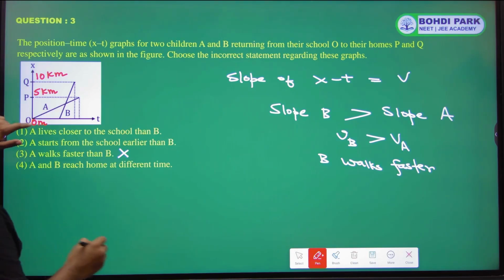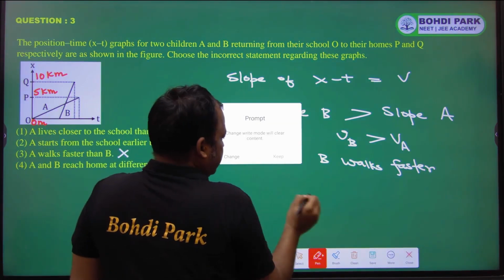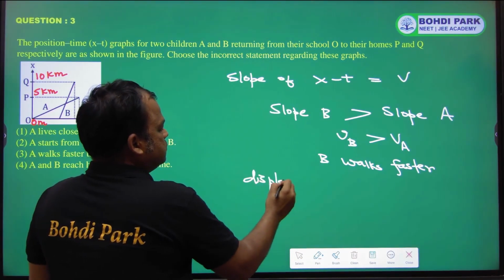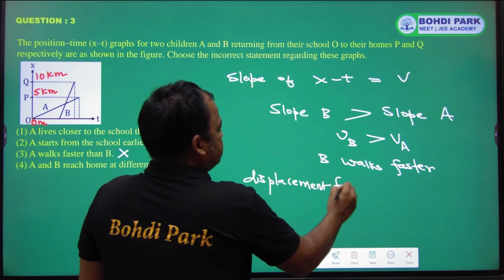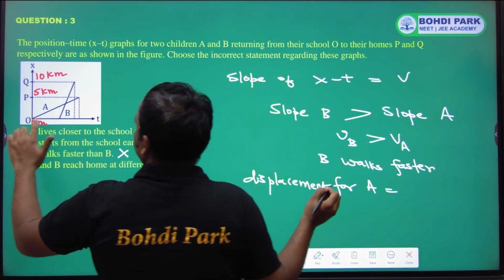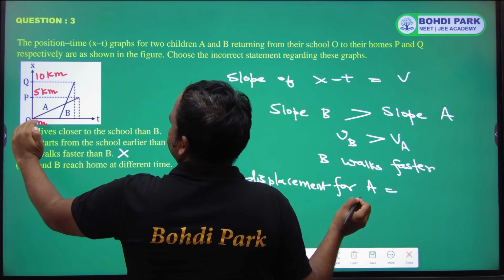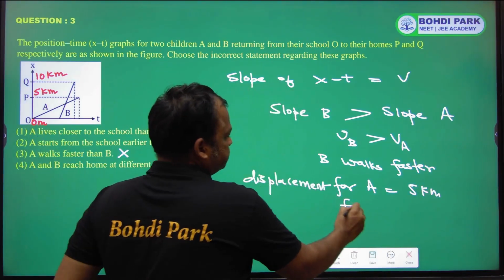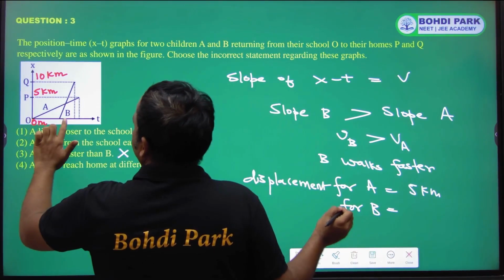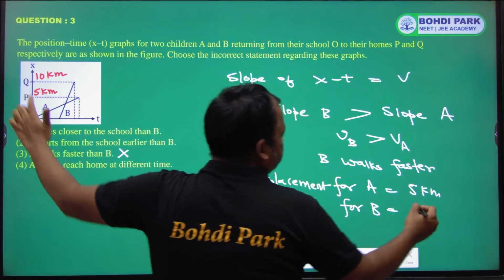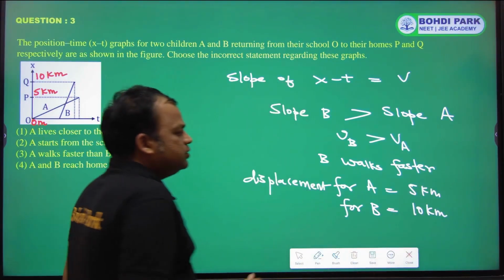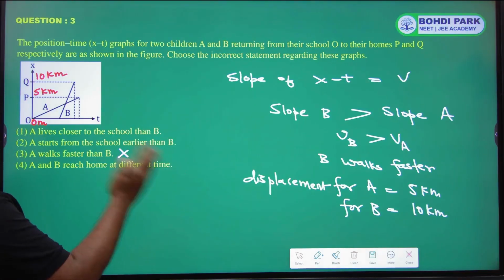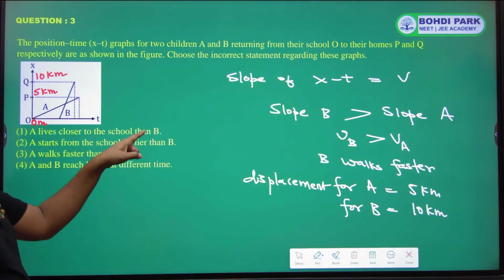So what is the displacement for A? It is going from 0 to 5 kilometer, so 5 kilometer. And displacement for B, it is going from 0 to 10 kilometer. So whose house is near the school? A. So A lives closer to school than B. That is true.